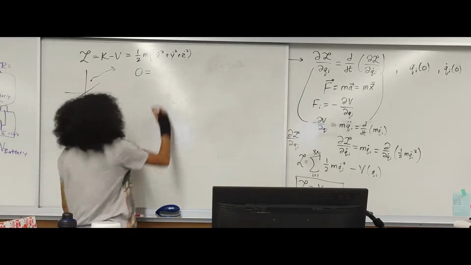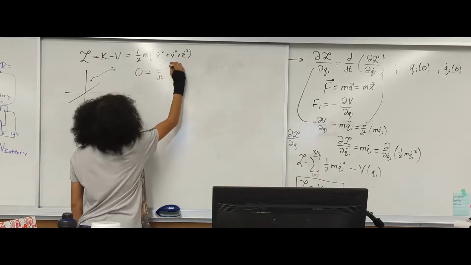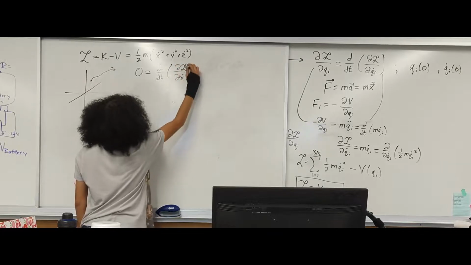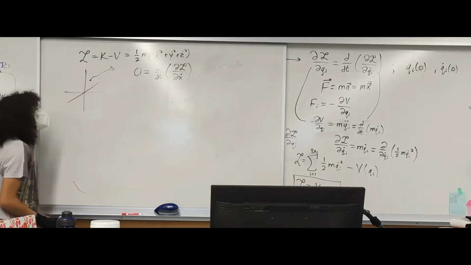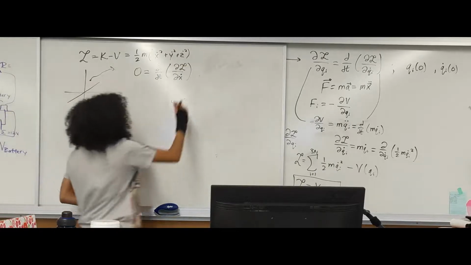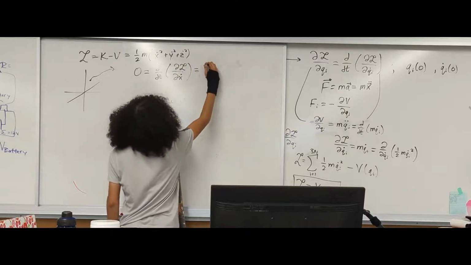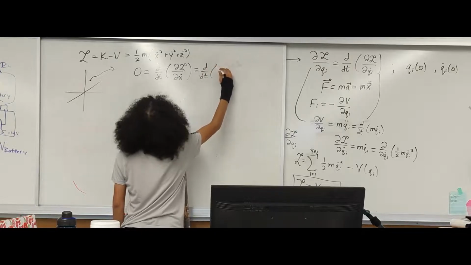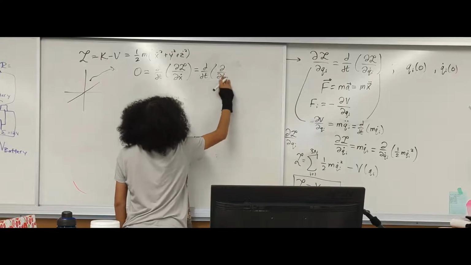The right-hand side for the x equation will be this. We're differentiating this with respect to x dot. So we can ignore the other parts and just say we're doing the derivative of this.